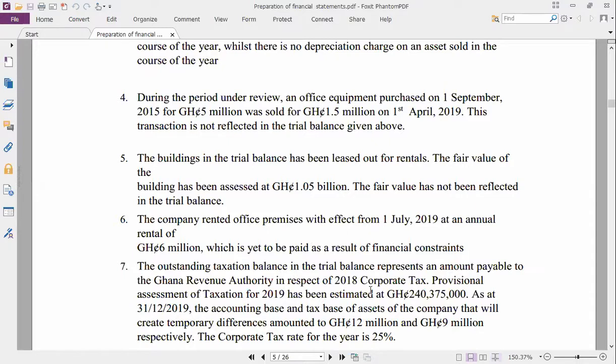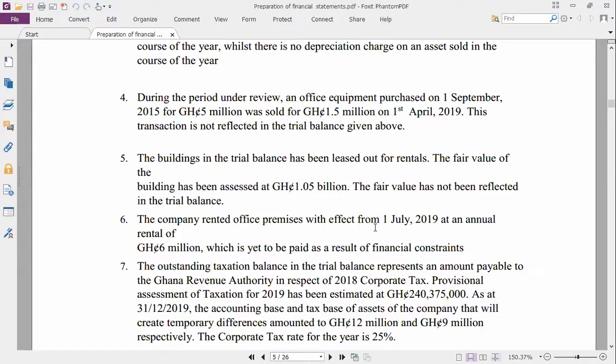Good. So here, they are owing. They entered into a rental agreement to rent some space, and the total fee for the year is 6 million annual, which is yet to be paid.